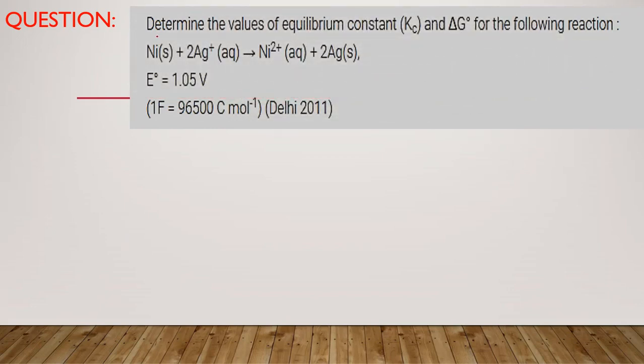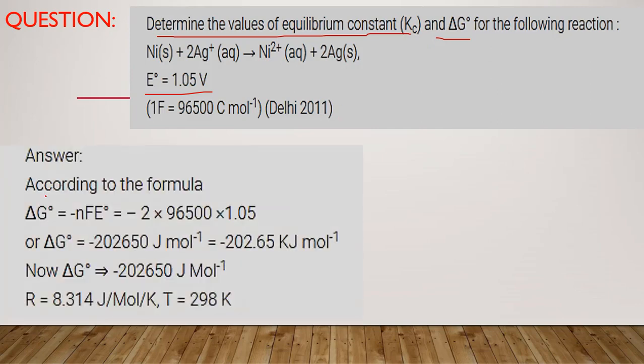See here, determine the value of equilibrium constant Kc and delta G naught for the following equation. Okay, already E naught is given. So E naught and delta G naught formula already we know that. What is the formula? Delta G naught and E naught correlation, this one, delta G naught equal minus nFE naught.